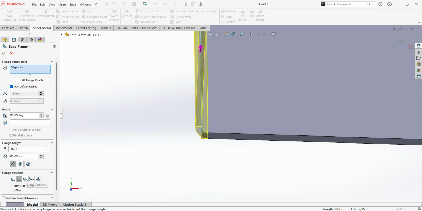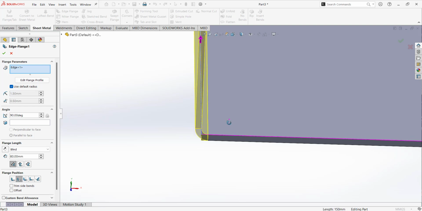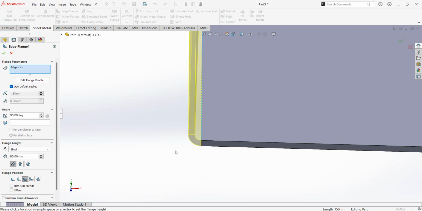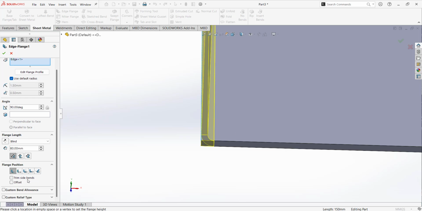If I go for the total material bend outside, select the bend outside option, all the bending will come outside the edge reference. So these are the three options given here. First one is material inside, second is material outside excluding thickness, and third one is bend outside. Complete bend will come outside the edge. I'll keep material inside. Usually it is referred as material inside only. Then this trim side bends, we'll see it later.